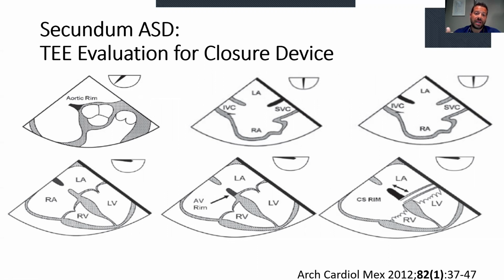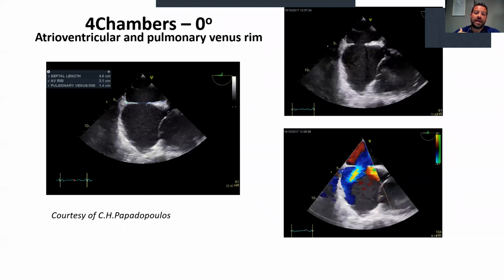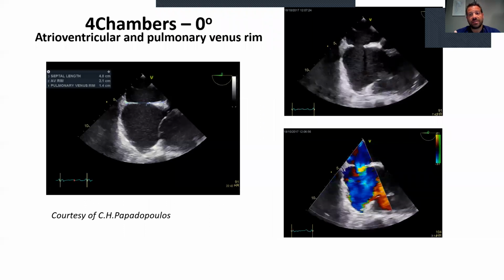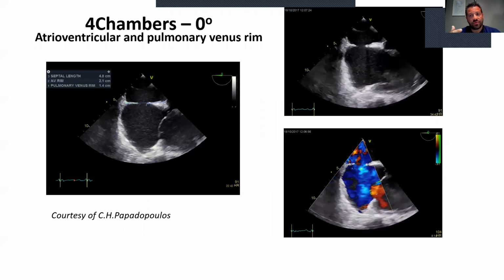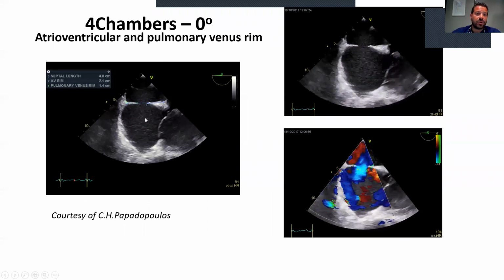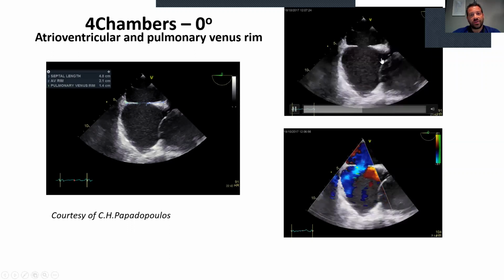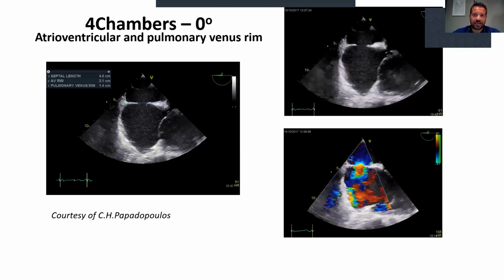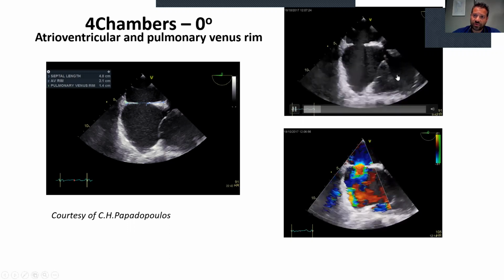demonstrate, we visualize the septum from all these angles, and then we go step by step from 0 degrees in a modified four-chamber view tilted to the right, where you can see here the septum. And in this view, in 0 degrees, we can check the atrioventricular rim, which is near the atrioventricular valves.